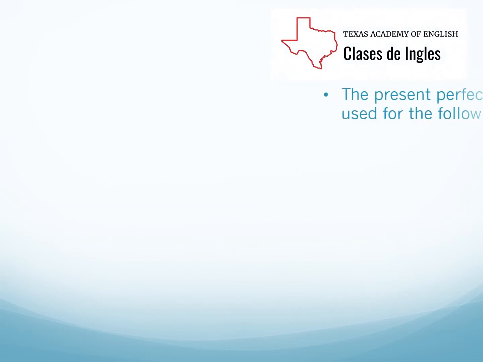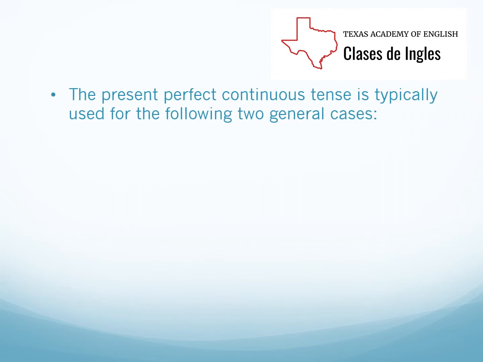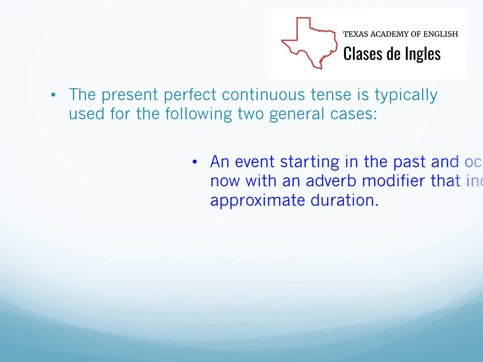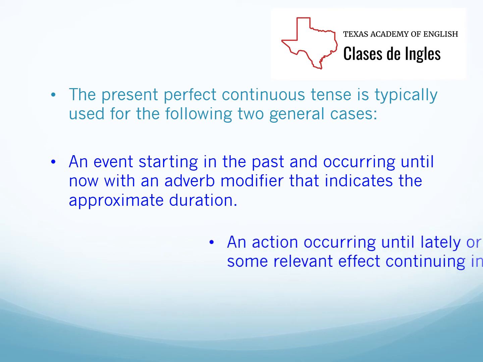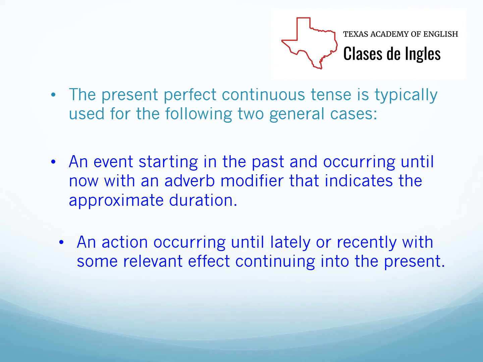The present perfect continuous tense is typically used for the following general cases. An event starting in the past and occurring until now with an adverb modifier that indicates the approximate duration, and an action occurring until lately or recently with some relevant effect continuing into the present.